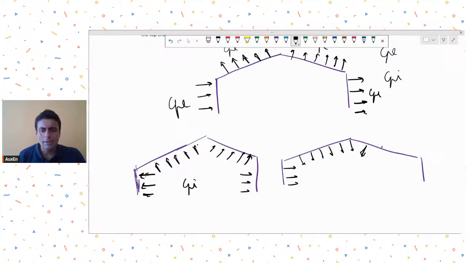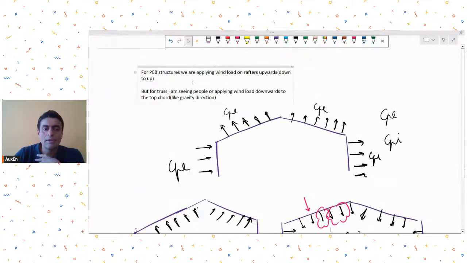So now what is happening is that you may see that for some coefficients, the wind load might seem to be in the gravity direction like this. I think that was what your question was, that you have seen some models where people are applying wind load downwards to the top chord.